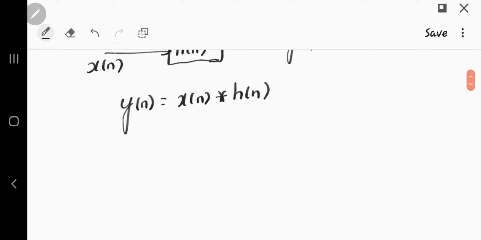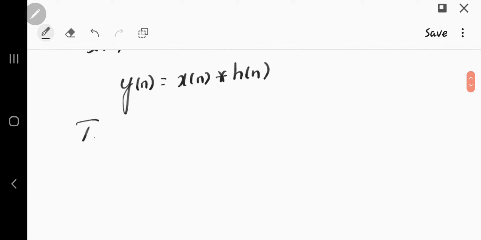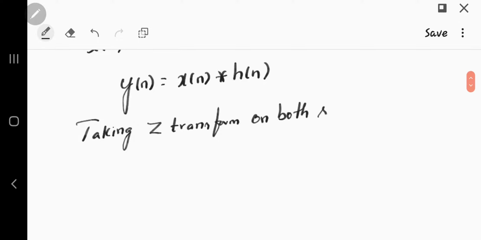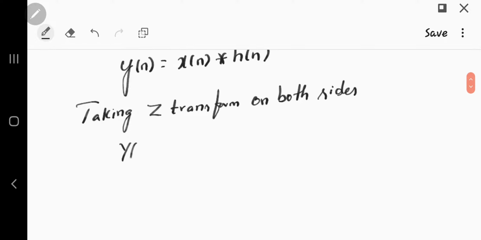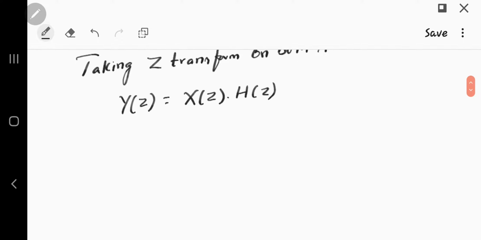Now if we take z transforms on both sides, we get y of z equals x of z into h of z.